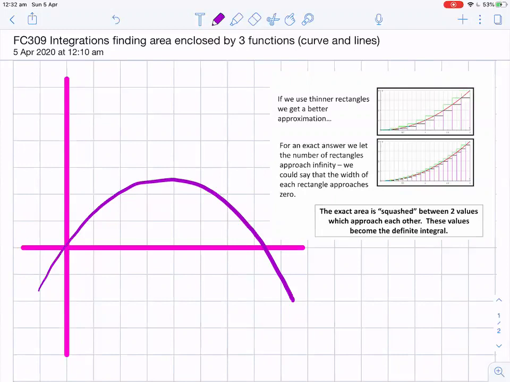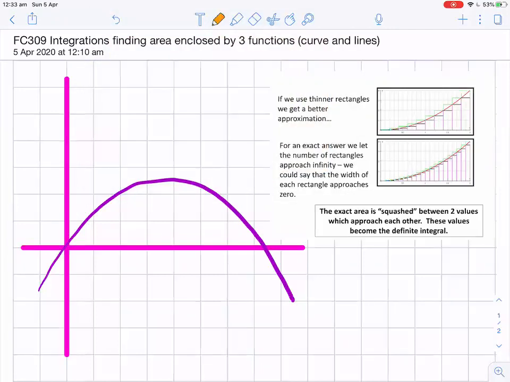First of all, we know that the area under the curve in general is the integral of y dx. This is the function here, which is f of x or y.